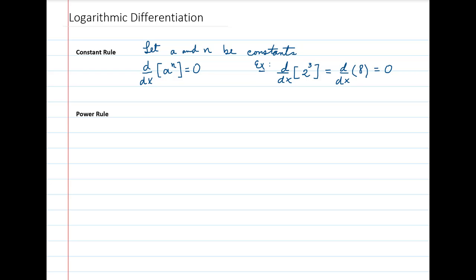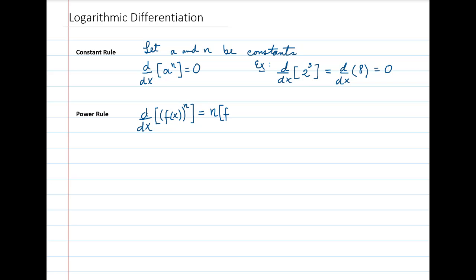Okay. Our next example is going to come from the power rule. So let's recall what the power rule says. The derivative of a function of x raised to the nth power, and n is just a constant here, some real number. Remember, this is the generalized power rule.